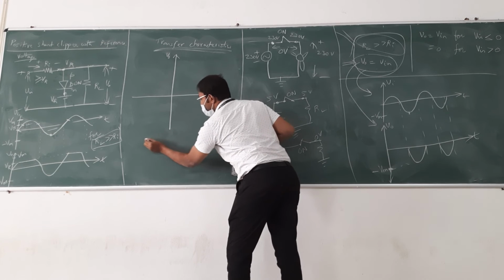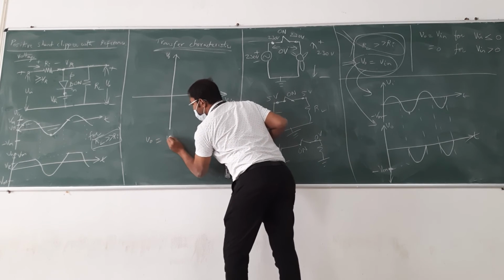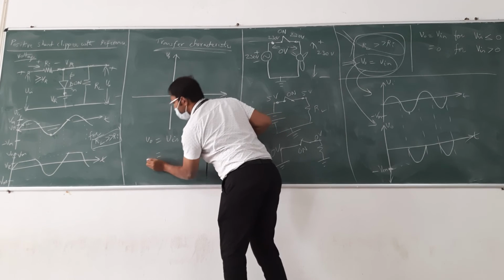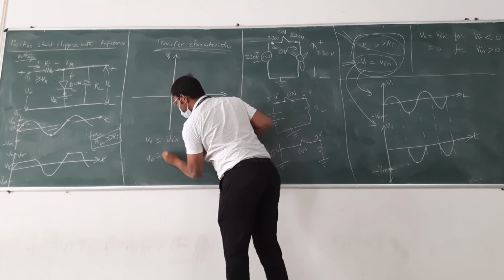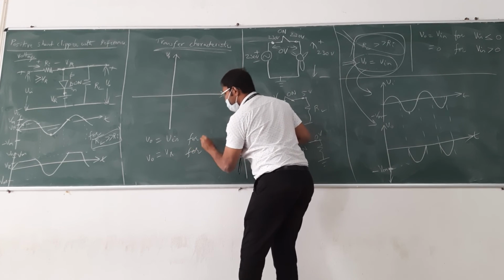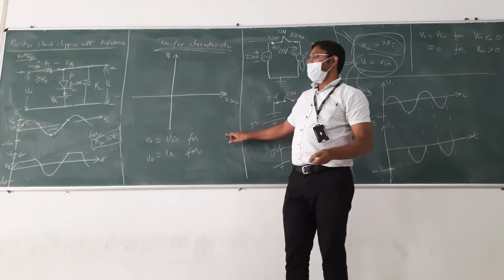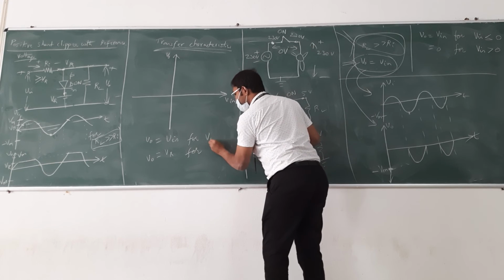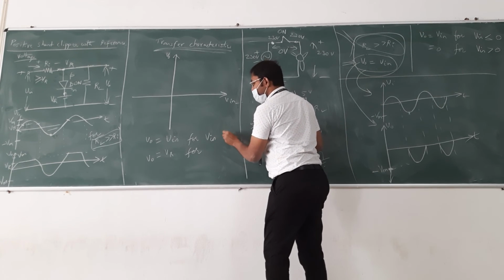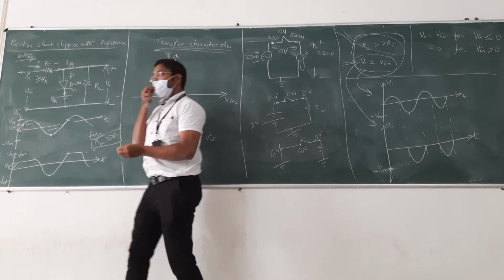See the graph and tell me. V0 is equal to Vin. V0 is equal to Vr. For what is it right here? Vin how much? See this graph.